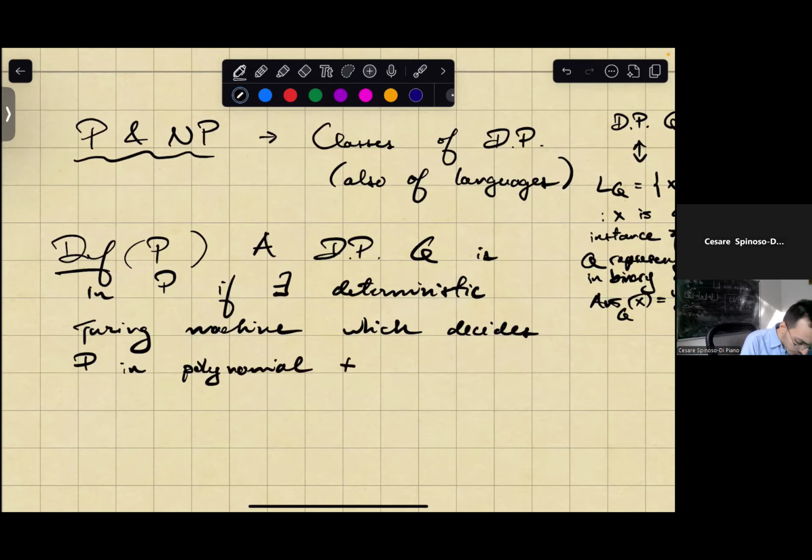And when we say polynomial time, we mean with respect to the size of the input.